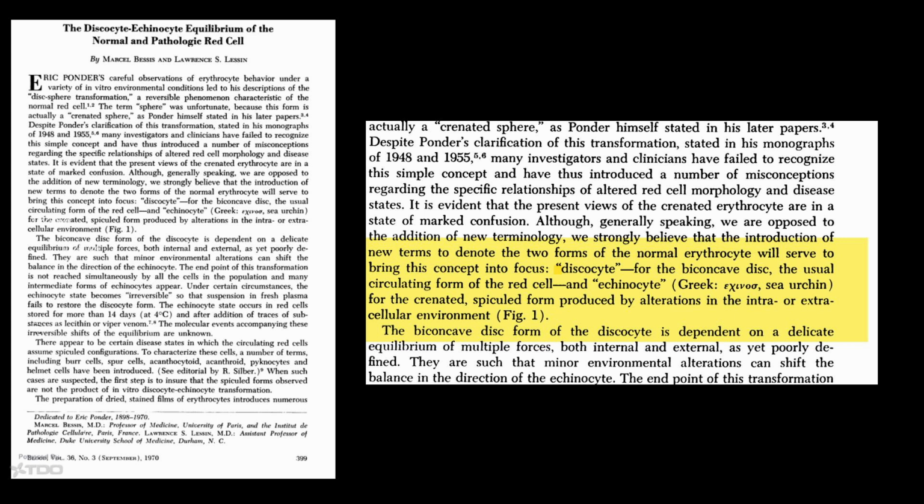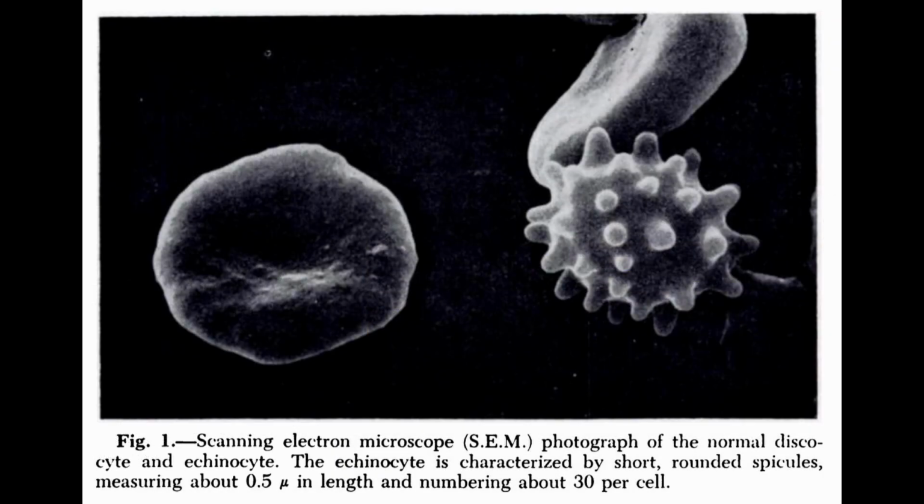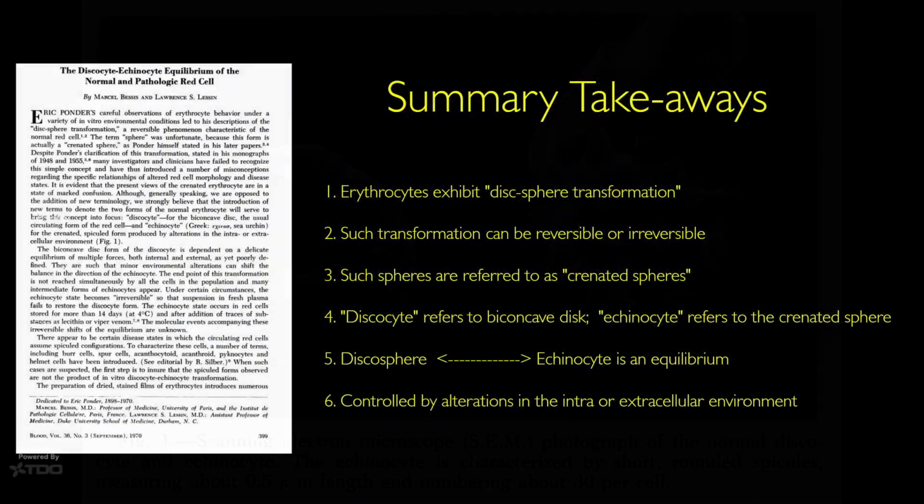So this biconcave disc form of the discocyte is dependent on a delicate equilibrium of multiple forces, both internal and external, that is poorly understood. As this transformation takes place, the biconcave disc changes its appearance into this crenated echinocyte form, that looks almost like a white blood cell.